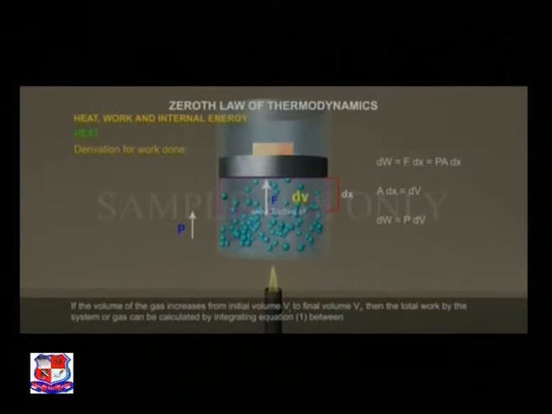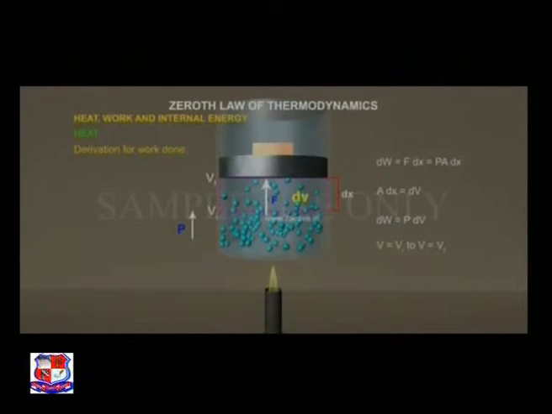If the volume of the gas increases from initial volume Vi to final volume Vf, then the total work done by the system or gas can be calculated by integrating equation 1 between V is equal to Vi to V is equal to Vf.